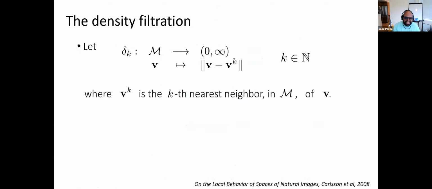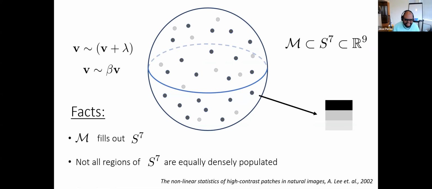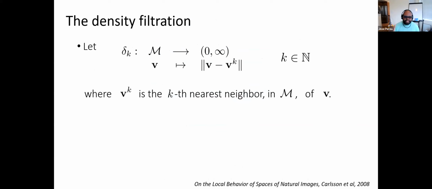Okay, let's start again. Mumford data, 3x3 patches from natural images with high contrast. We put them on the 7-sphere. We realize that they fill out the entire 7-sphere, but not all pieces are equally densely populated. So we're trying to look at the areas with highest density. Okay, so here's how we do it.